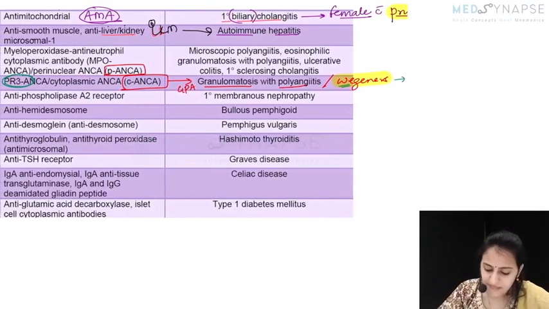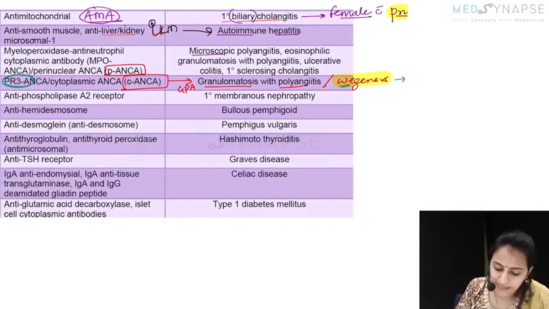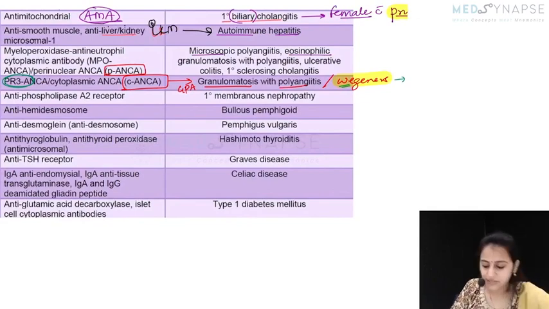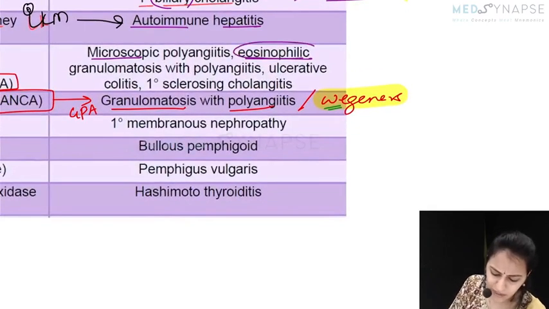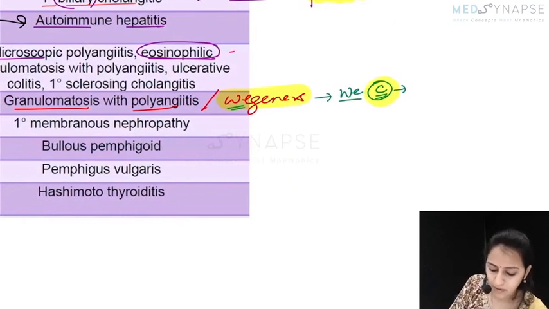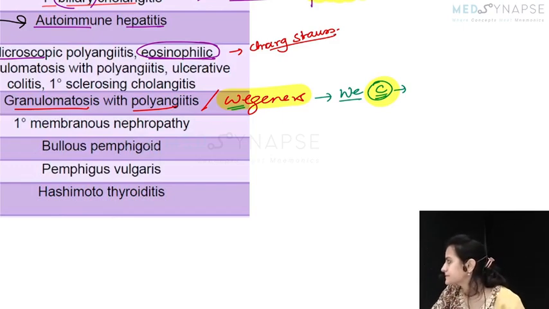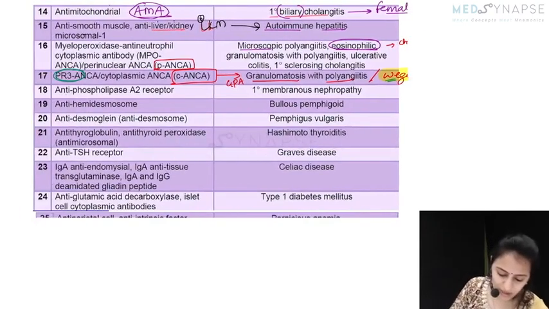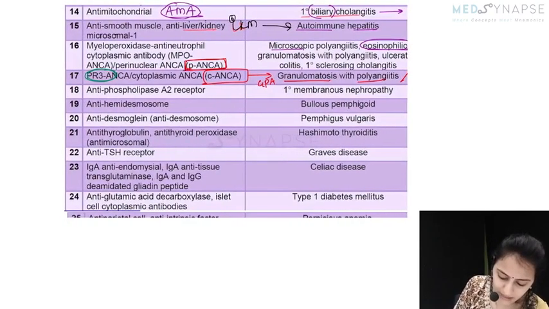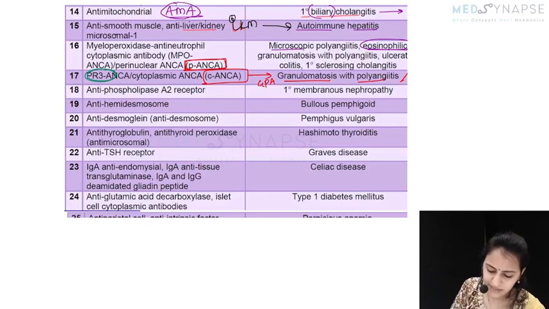The rest of these vasculitis, microscopic polyangiitis, eosinophilic granulomatosis with polyangiitis, that's basically the one where you have eosinophilia, Churg-Strauss. Churg-Strauss is eosinophils. Ulcerative colitis, all this is P-ANCA. The rest of them is P-ANCA, C-ANCA is Wegener's.